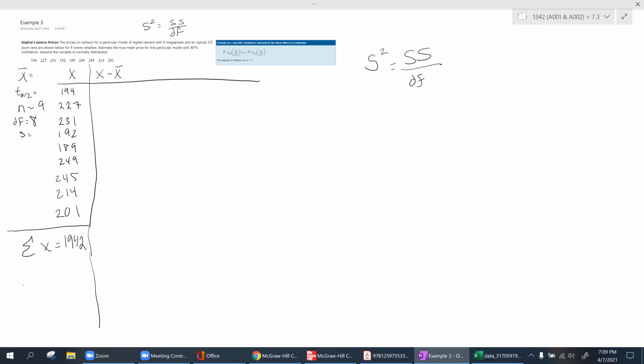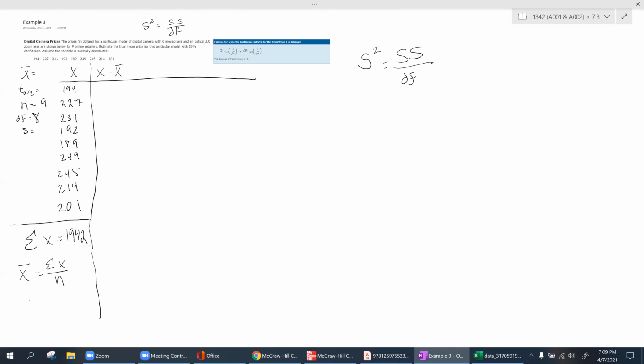And we said you can find x bar, the average, by the sum of x divided by n. So x bar would be 1942 over, what was my n? 9.